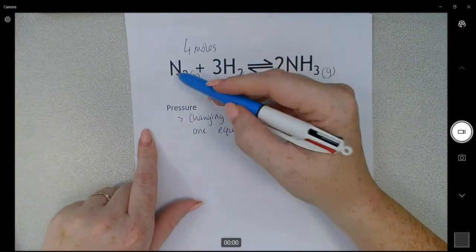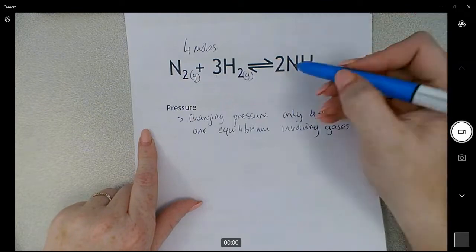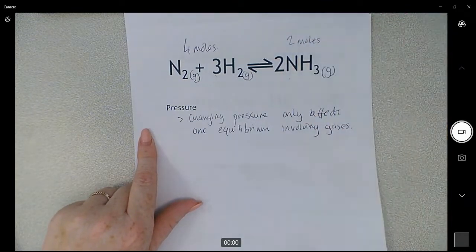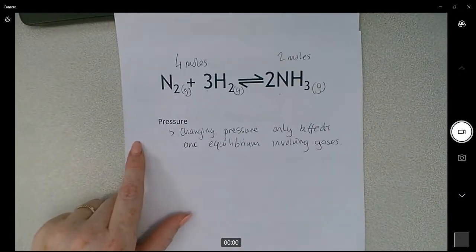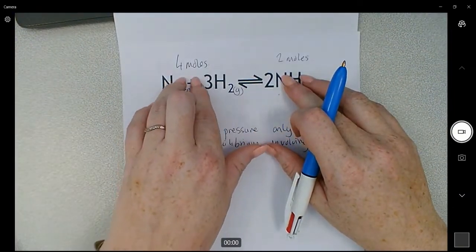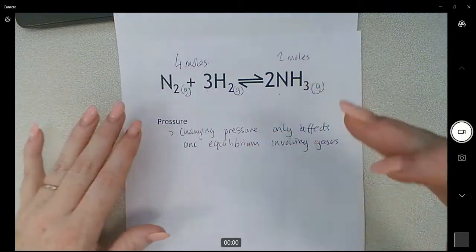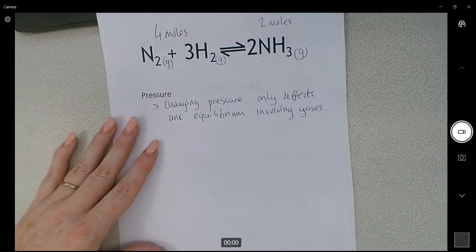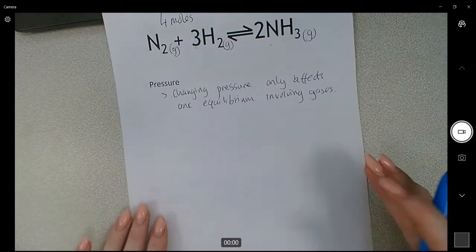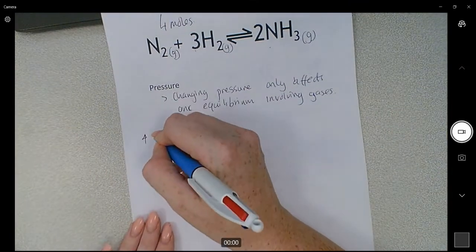I've got 3 moles of hydrogen and 1 mole of nitrogen. And over here, I have got 2 moles of ammonia. And that's going to be important later on, but I just want to be mindful that you have to look at the number of moles on each side, because pressure will affect that and try to shift that.